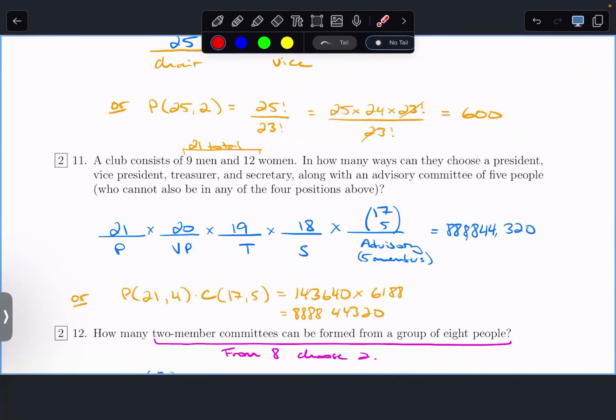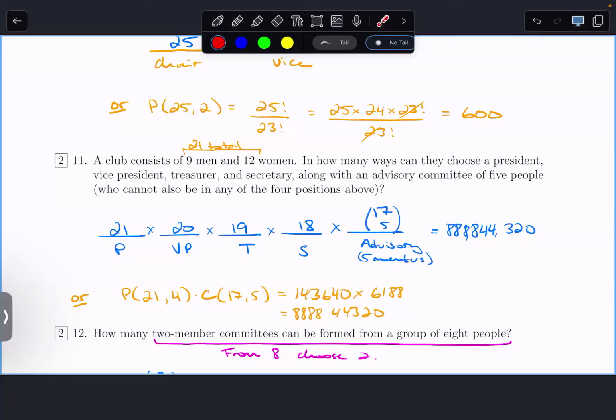Why is it a combination for the 17 choose 5? Doesn't the order still matter if you're choosing 5 people? In those 5 people, it doesn't matter. You're either in or you're out. So a way to choose between permutation or combination: if it's either you're in or you're out, like on and off, then it's a combination. Let me see, where's my calculator? Oh yeah, it's right here.